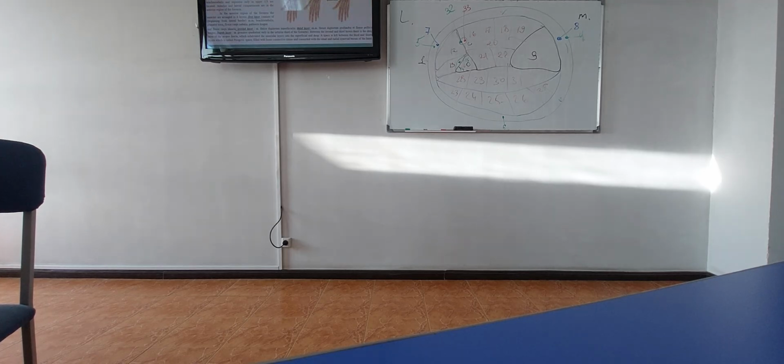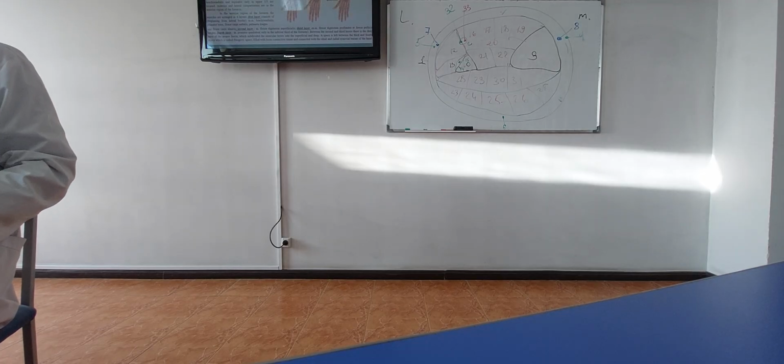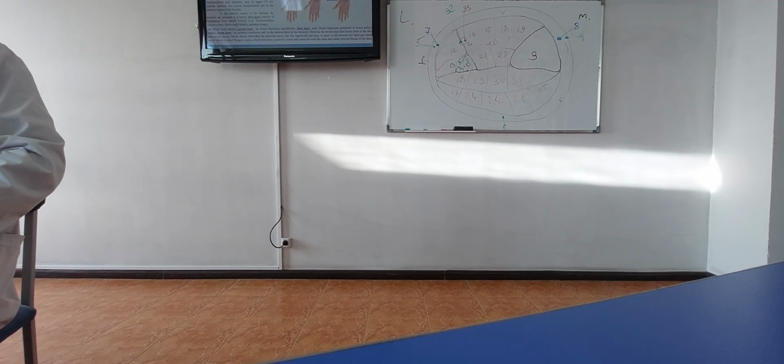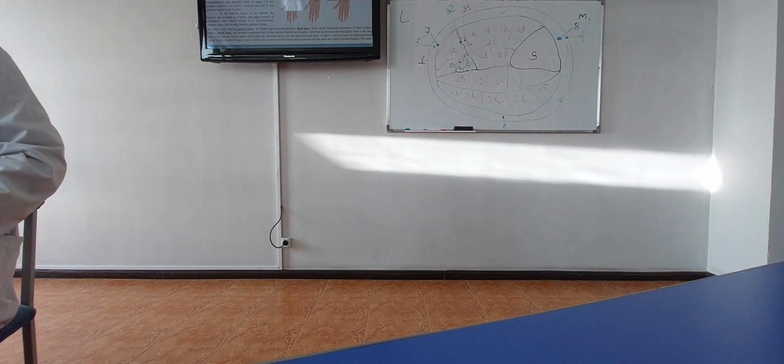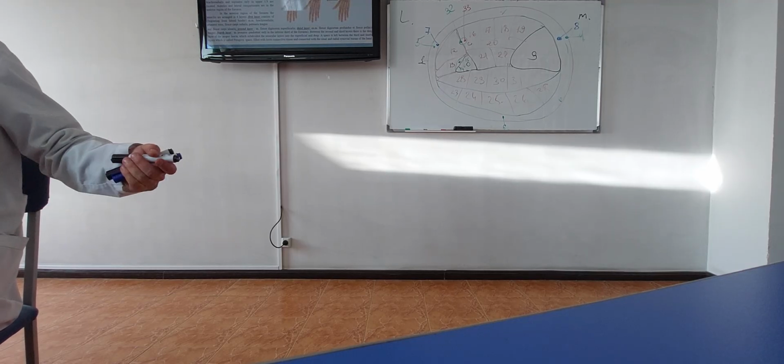Continue, please. Structure 33, of course, is arteria radialis. These two structures together form the neurovascular bundle, which is called radial. Once again, 32 together with 33 forms the radial neurovascular bundle of the forearm.